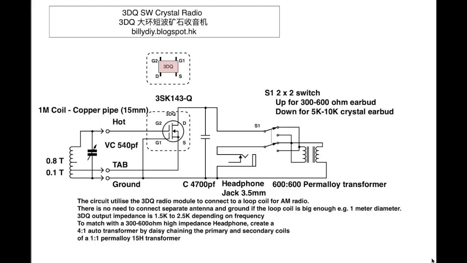The circuit we are using is the same as what we did for the AM crystal radio. The only part that is changed is the coil. Even the variable capacitor is the same. So the coil is created using 15 millimeter thick copper tubes or copper pipes, those being used for the air con coolants.